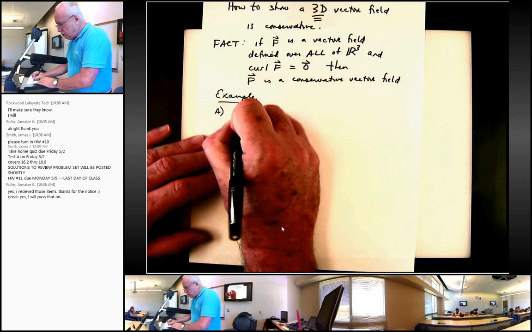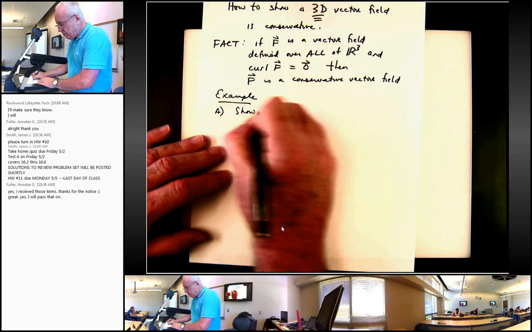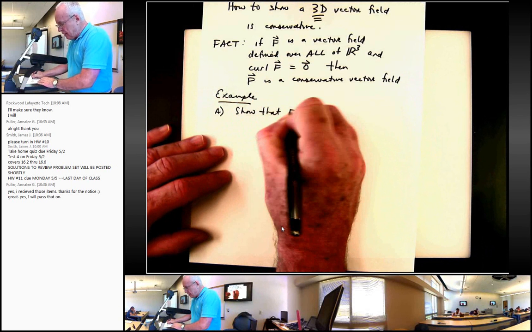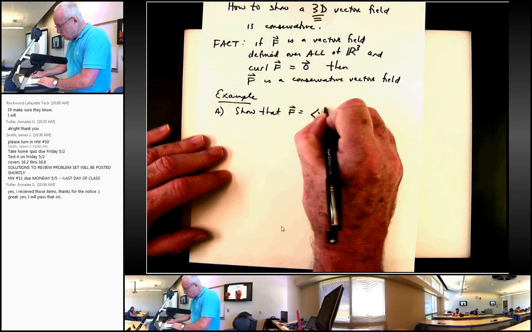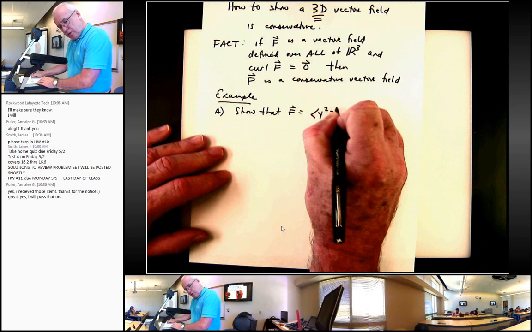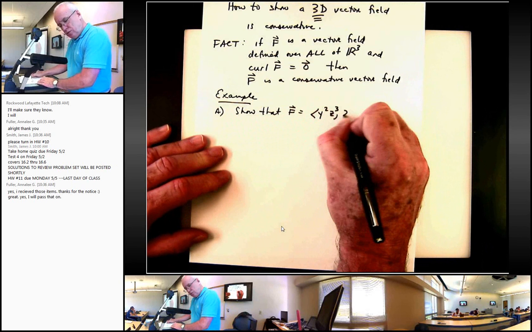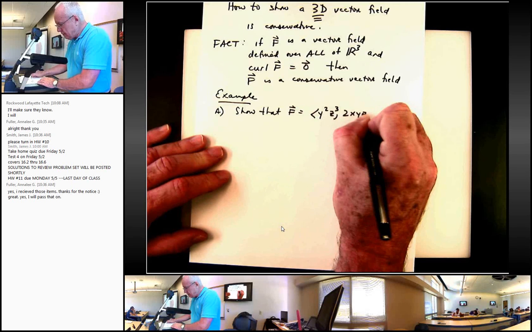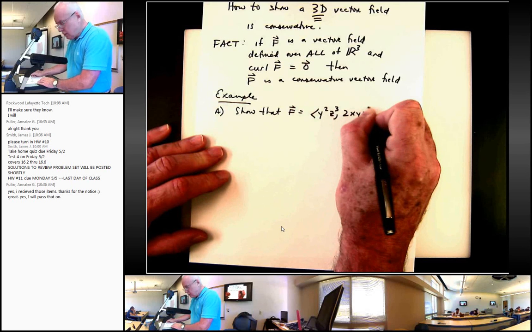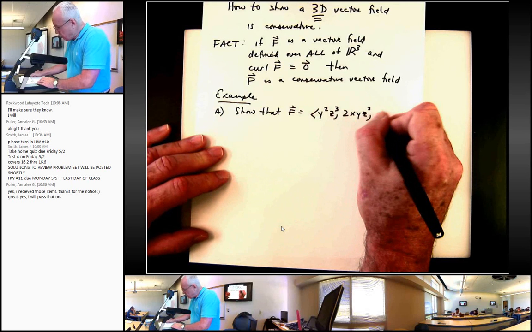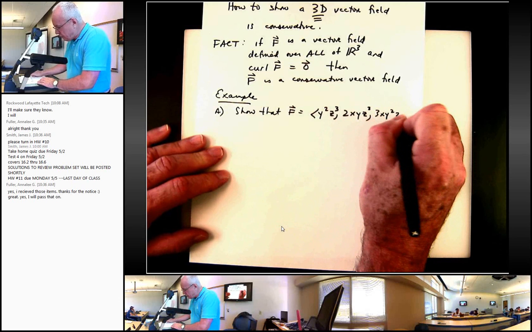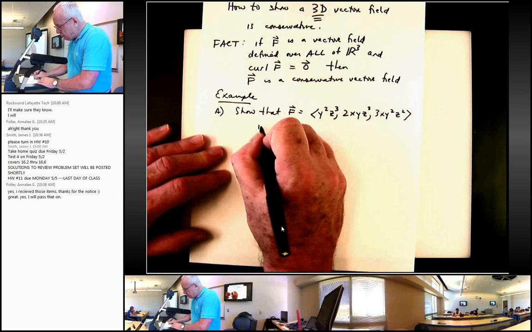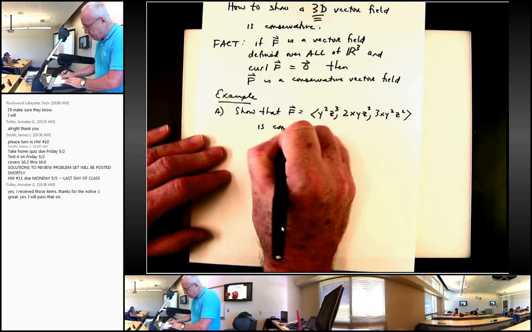A, show that capital F, which is equal to y squared z to the third, comma, 2xy z to the third, comma, 3xy squared z squared, show that this is conservative.